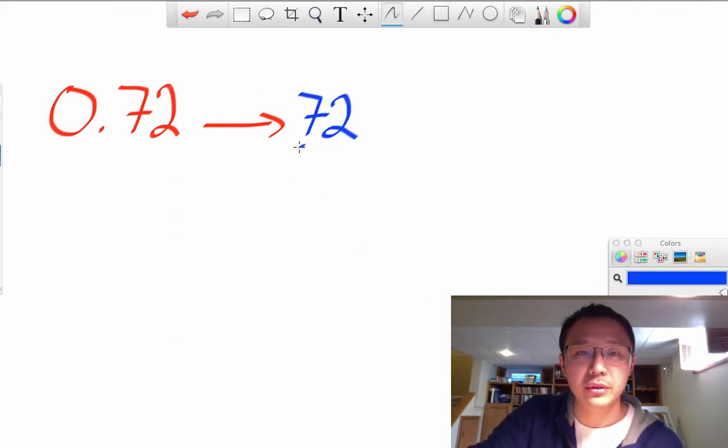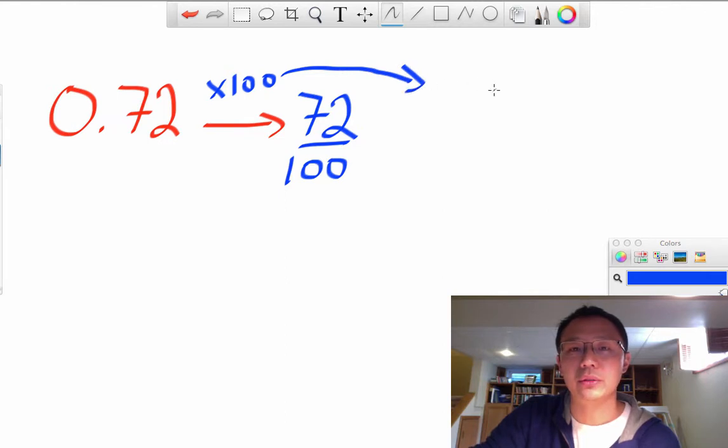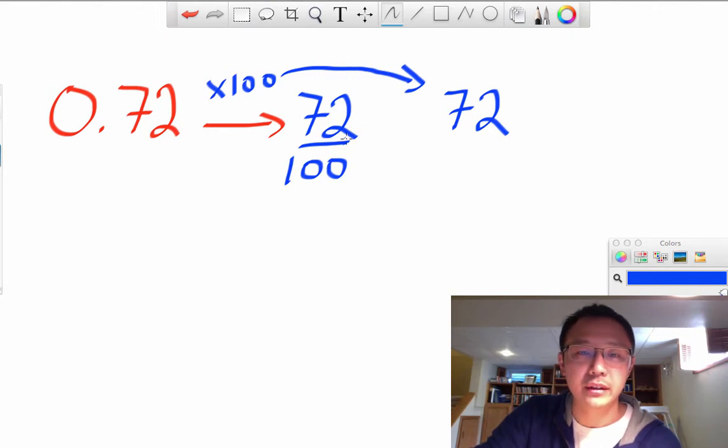So 72 out of 100. What I just did was I multiplied by 100 because, well, to get the decimal into percentage, you multiply by 100. I think I just totally skipped a step. Gives you 72. But to get this into a fraction, you put this out of 100, and that gives you 72 over 100, which gives you 72%.